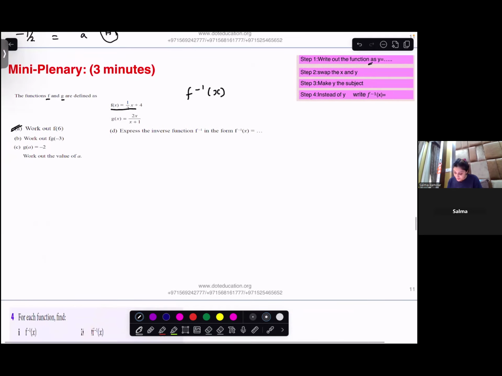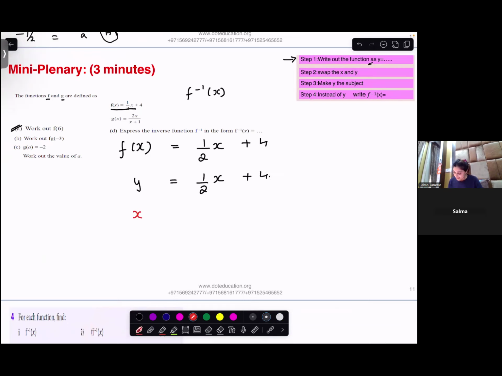You have some steps to do the inverse. You will use those steps and go ahead. F of x is half x plus 4. Write out the function as y. So this is going to become y is equal to half x plus 4.